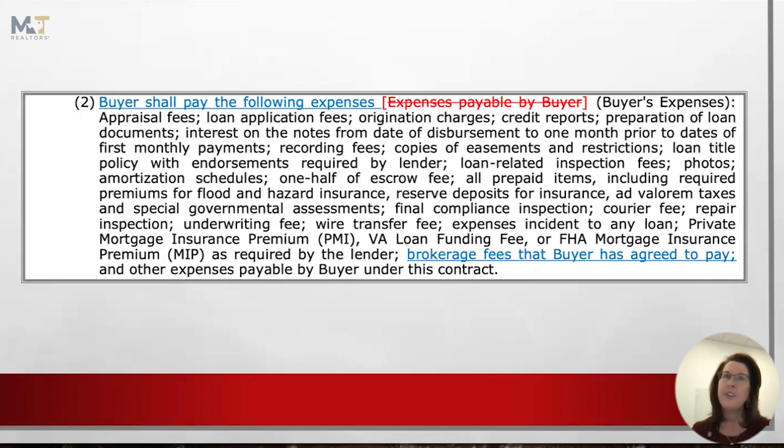So if they're not asking for a buyer's broker's compensation, and they're not asking for any concessions, 2 is reminding the buyer what they're going to be paying. They're going to be paying all of these other expenses as well as the brokerage fee that the buyer has agreed to pay in the buyer rep agreement. So it's addressed.